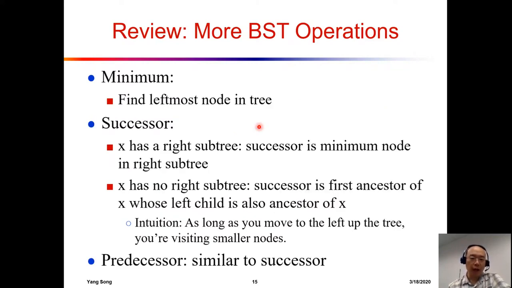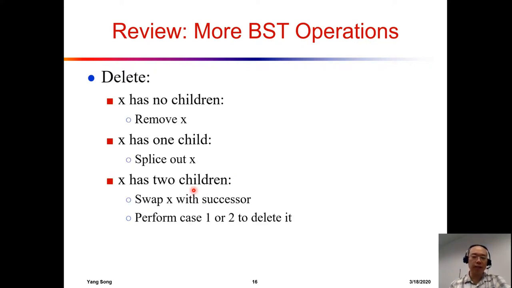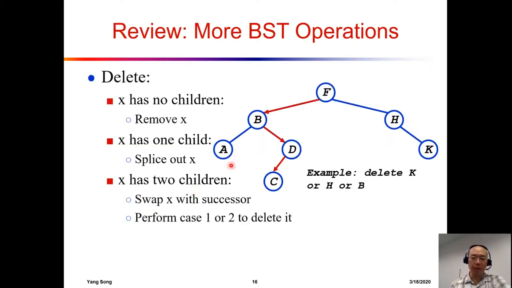If we go back, the successor algorithm is here: if X has a right subtree, then the successor is the minimum node of the right subtree. That is the definition of successor. So B's successor will be the minimum of the subtree D, C. If we visit the subtree of D and C, the minimum is C.